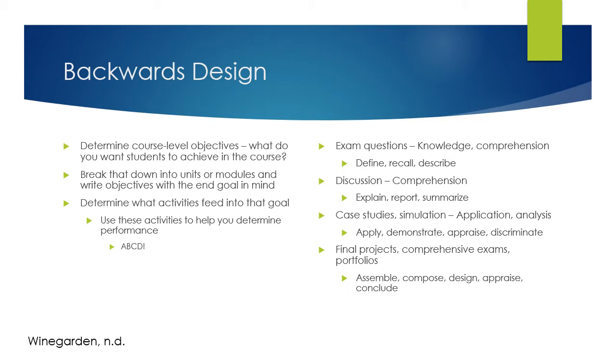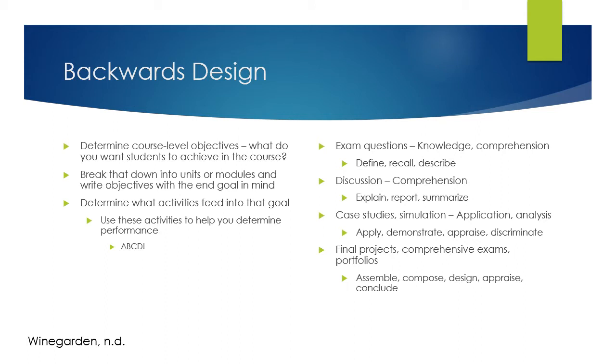And again, think about how those unit or module objectives feed into the higher level course objectives. And then you can determine what activities feed into that goal, or into your unit or module objectives. Those activities can then help you determine performance, and then you can apply the ABCD model of writing objectives.